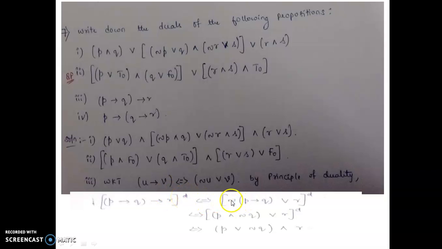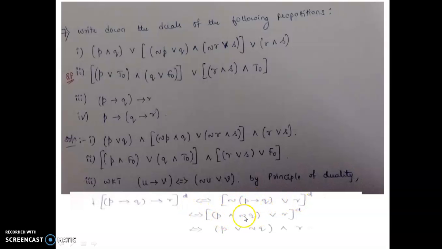So now, considering this as P conditional R, negation of P, or R. We already know that P conditional R is equal to negation of P or R. Its dual, let it be as it is here itself. So now again, negation of P or R we got.